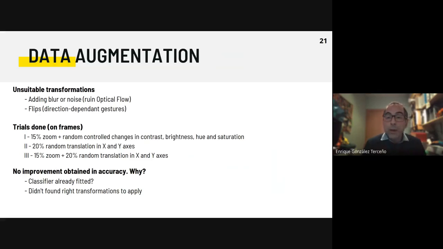So we ran a total of 3 trials, combining some not-so-dangerous transformations such as zoom, some color characteristics, and translation. Unfortunately, none of them allowed us to improve the previous results. Possible reasons could be that the classifier was already fitted for our task, or that we just didn't find the right transformations to apply to the pictures.